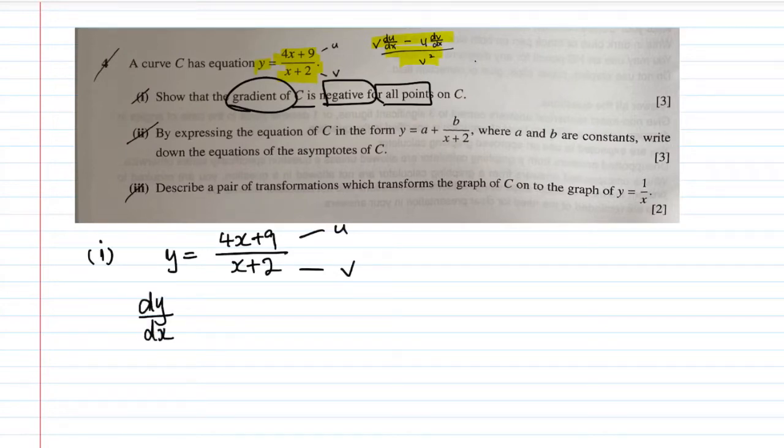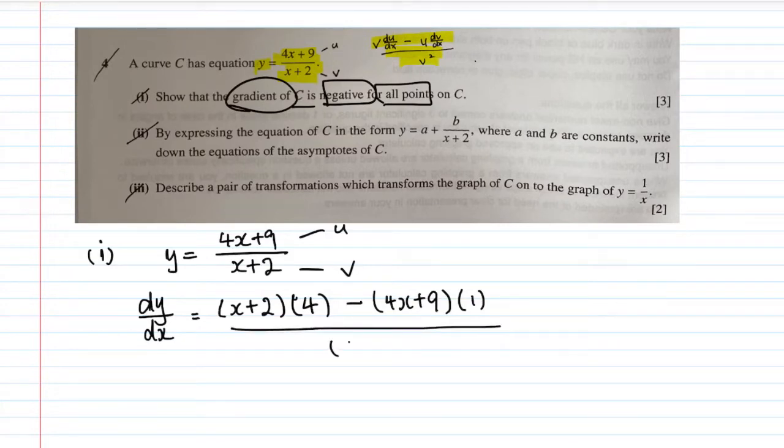You have dy/dx equals v first, which is x + 2, times du/dx, so you differentiate the top and you only get 4. Then minus u, which is 4x + 9, times the derivative of the bottom, which is 1, over v squared, so it is (x + 2) squared.